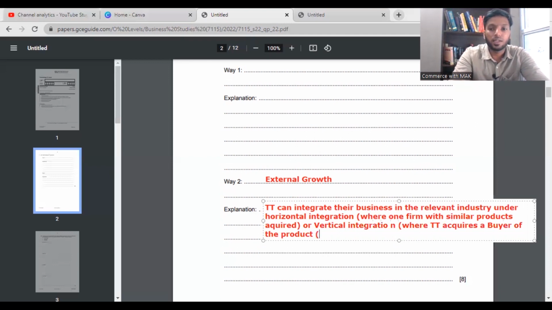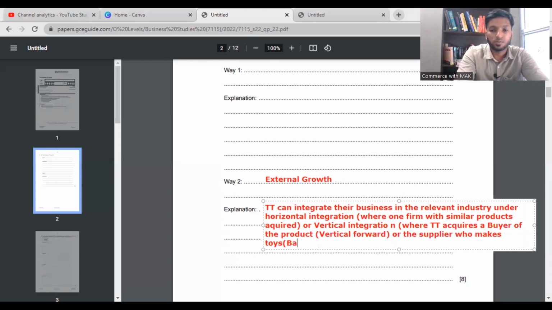What is that vertical? When you buy the buyer, we say it is vertical forward integration, or the supplier who makes toys. So this is what you say vertical backward.